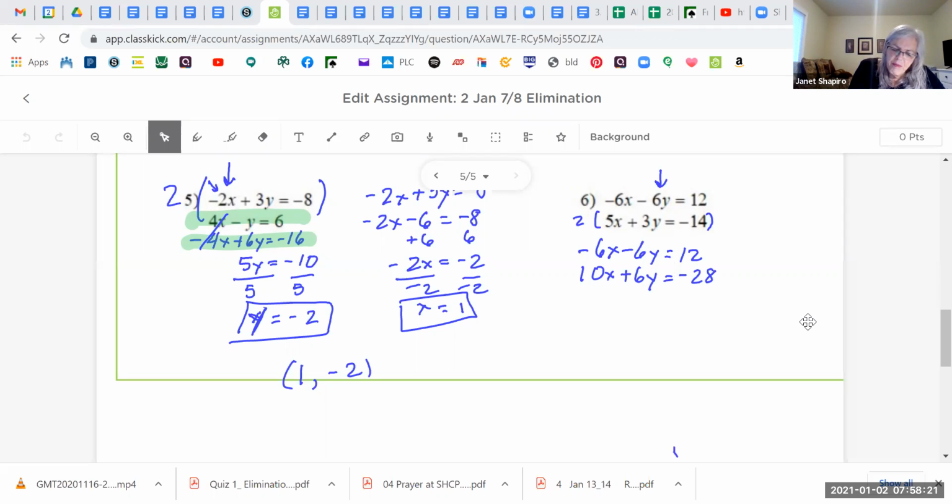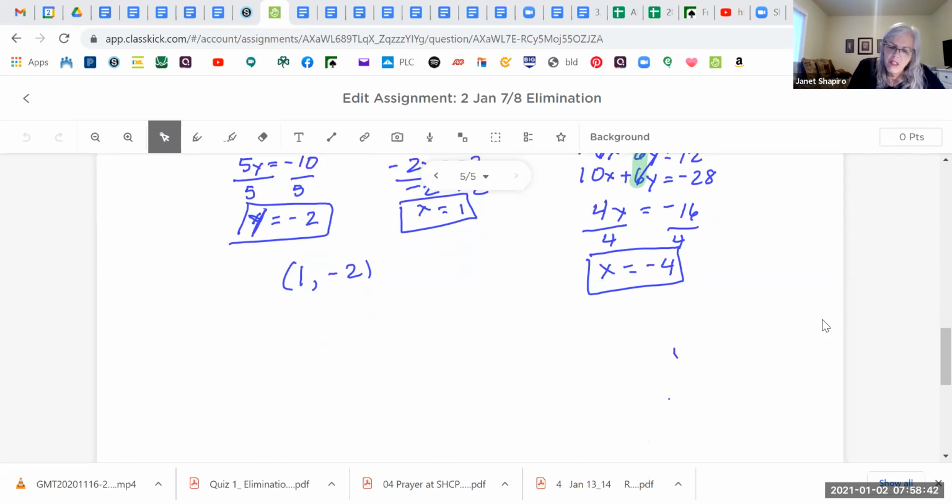And the way I set it up, these guys will cancel. So I'll have 4x equals -16. Divide by 4, x is -4.